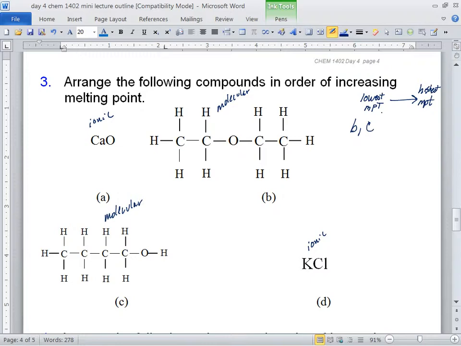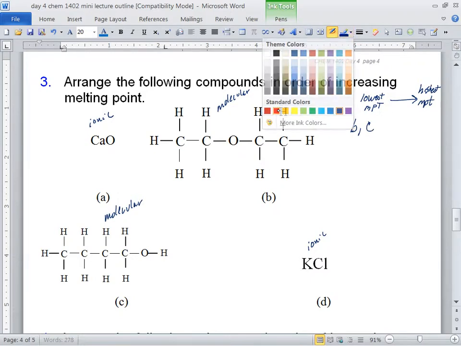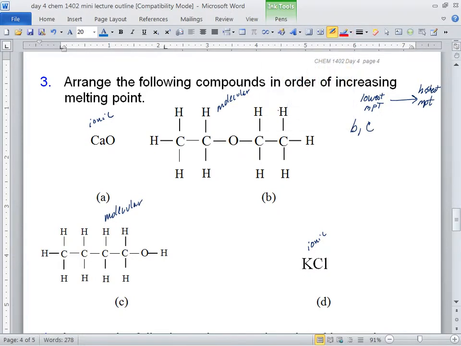So it's ionic bonds, but what are the ions in KCl? K what and Cl what? What are their charges? Anybody help her? K is going to have a what charge? A +1. Cl is going to have a negative 1.